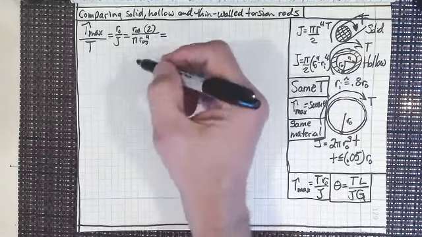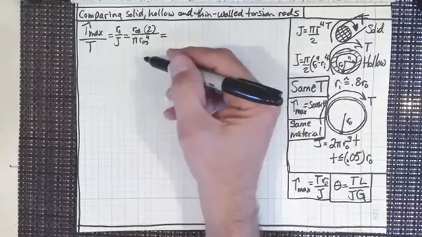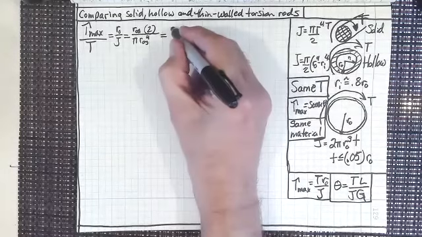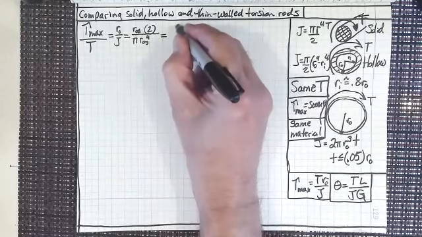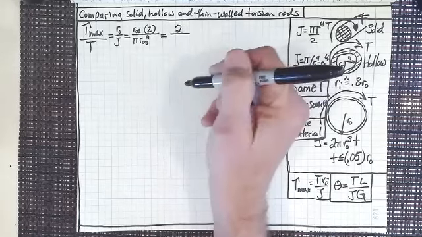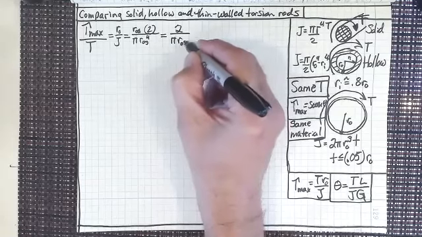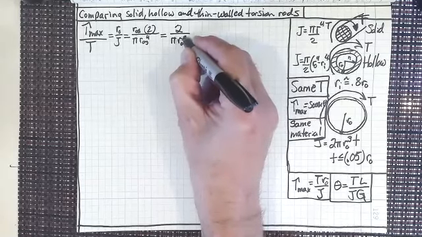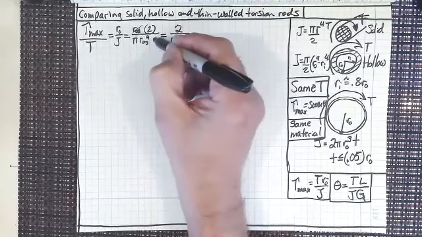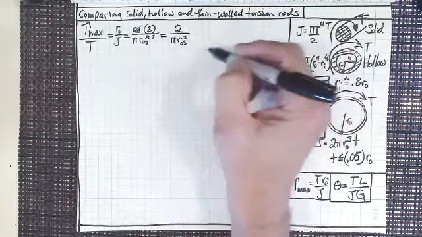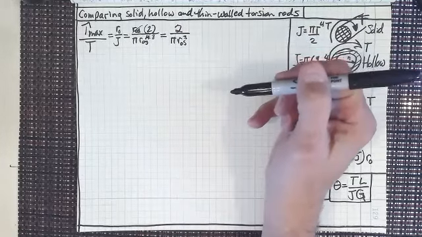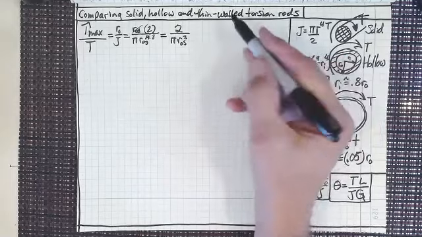And of course, as I simplify this, I'm going to get 2 divided by pi R outer of the solid shaft cubed, right? Everybody can see that that's going to cancel out with one of those, and so that's what I end up getting. All right, let's do the same thing.